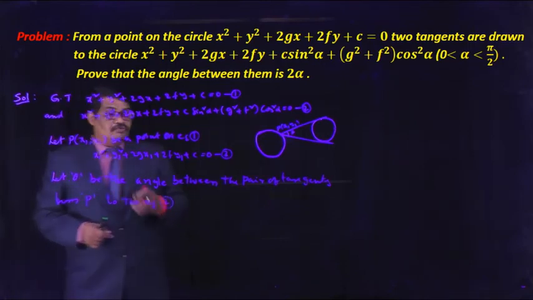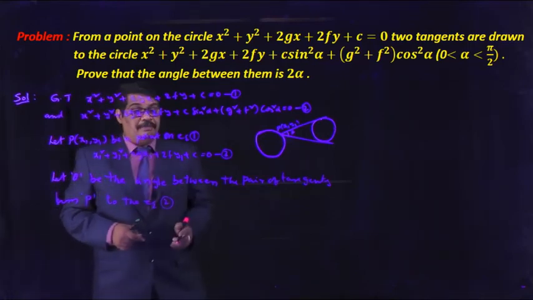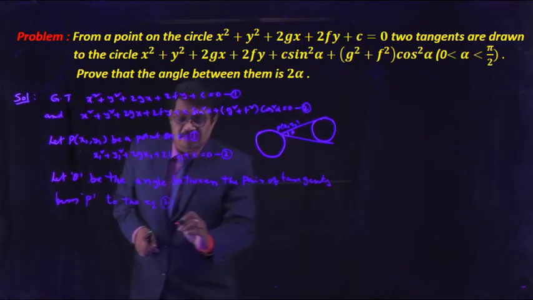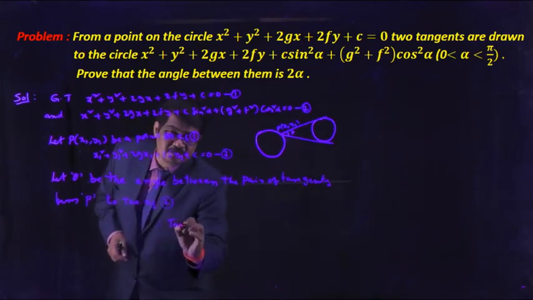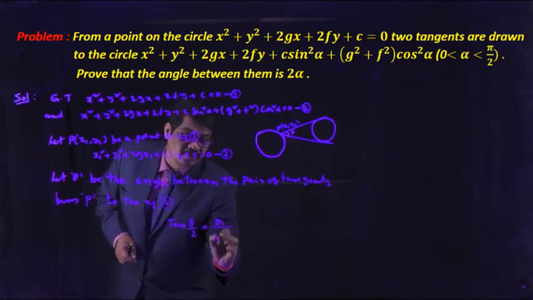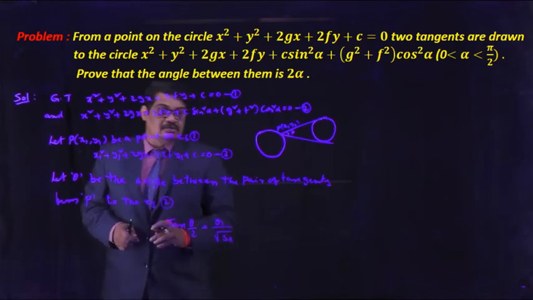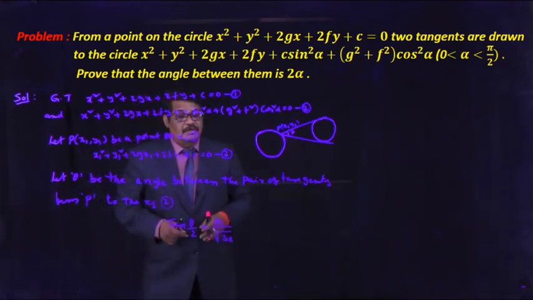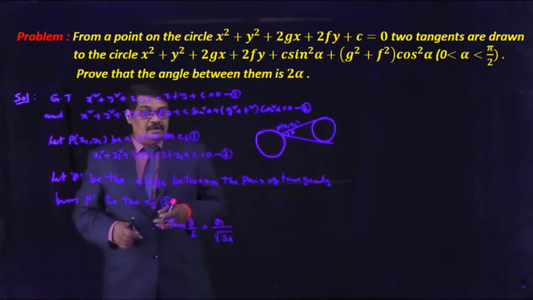How to find the angle between the pair of tangents? What is the formula? Tan theta by 2 is equal to r by root of S11.